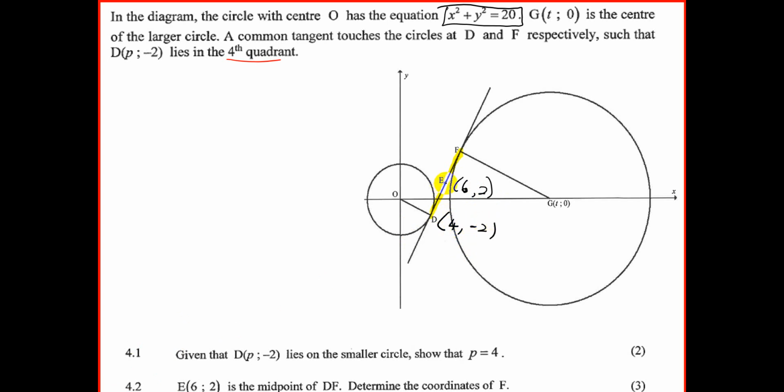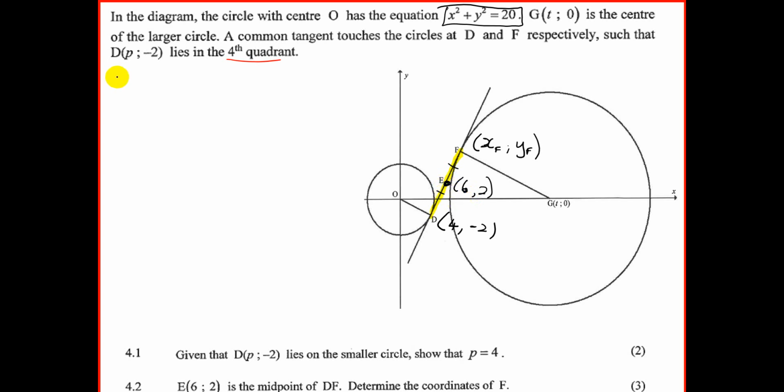And we know that E is a midpoint, which means that ED will be equal to EF. It says determine the coordinates of F. So let's call F to be (xF, yF). So we know that E is the midpoint.